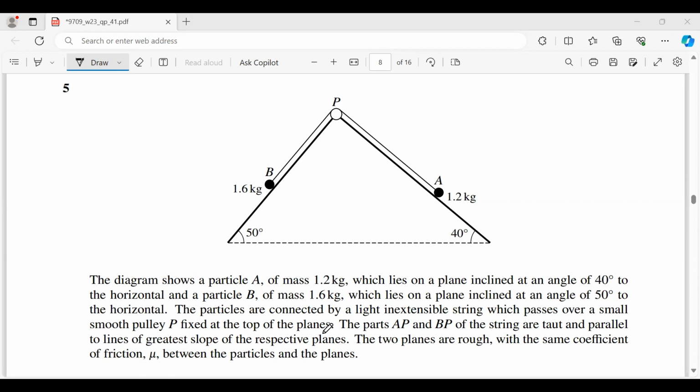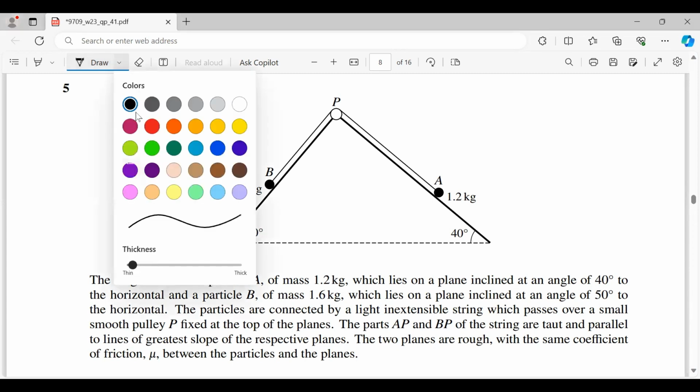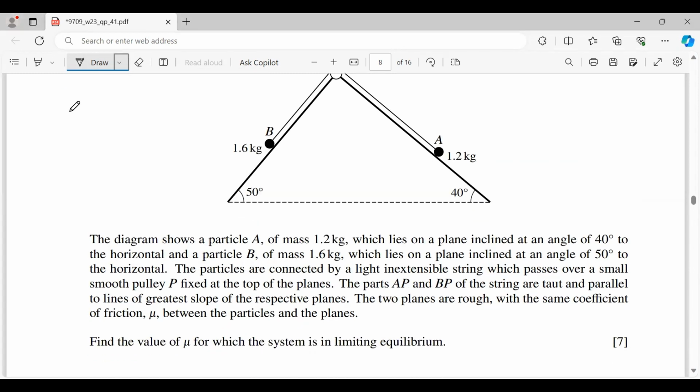So the coefficients of friction of this part and this part are the same. Question: find the value of mu for which the system is in limiting equilibrium.